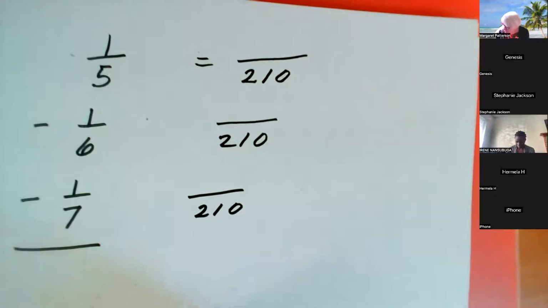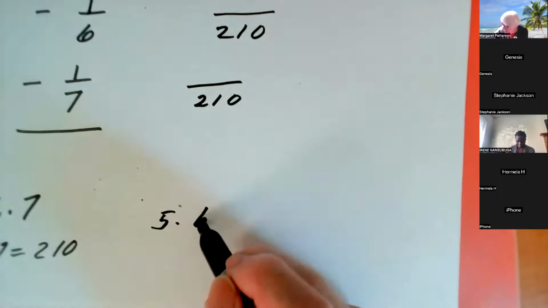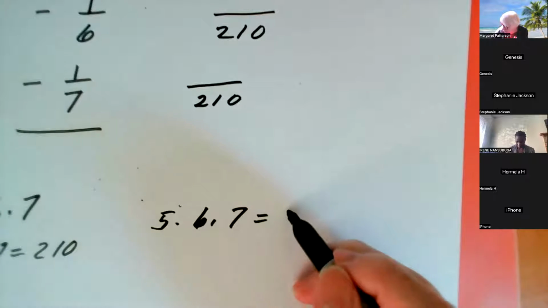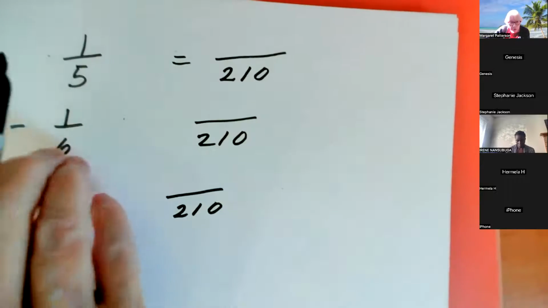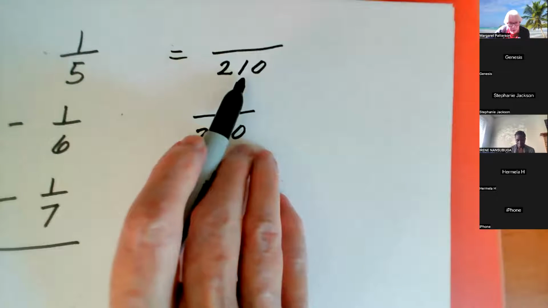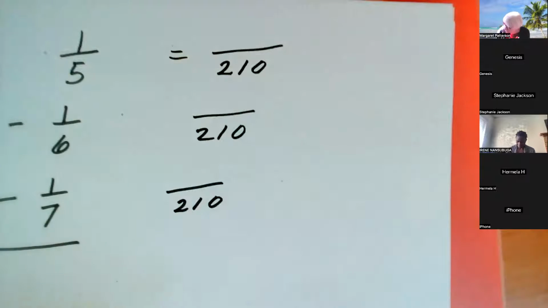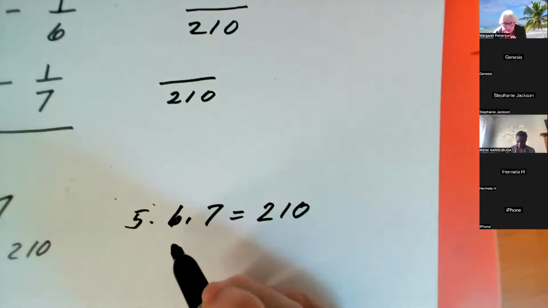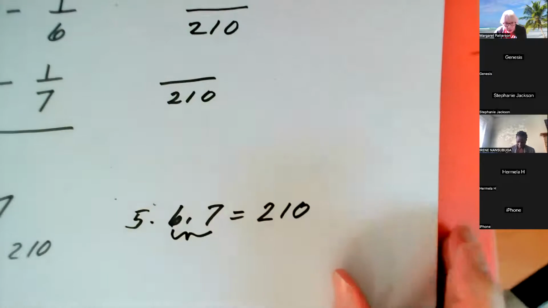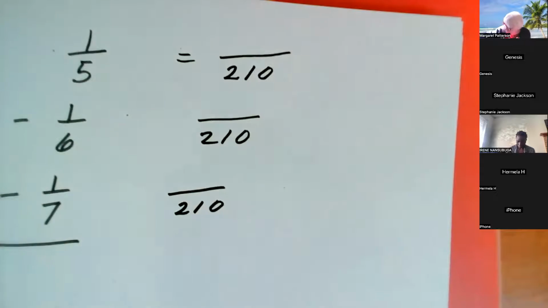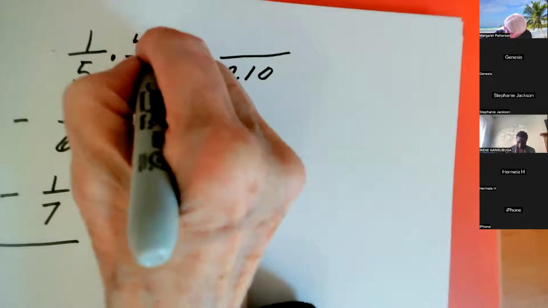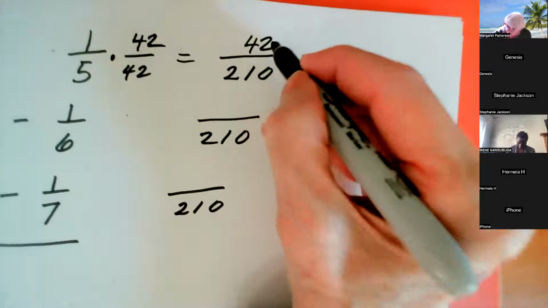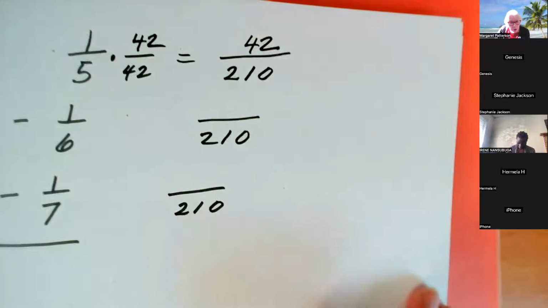So it's 5 times 6 times 7 is 210. So in this first number, it's 5 times what? 5 goes into 210 42 times. I don't like this problem, but I'm going to finish it. This is 42 over 210.